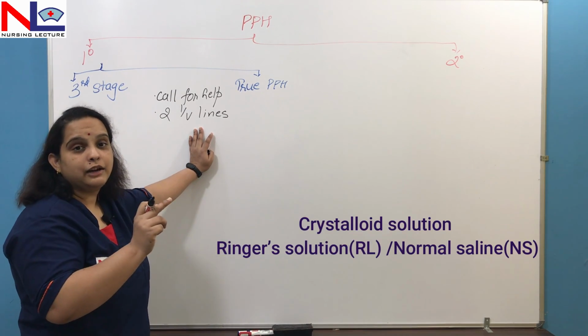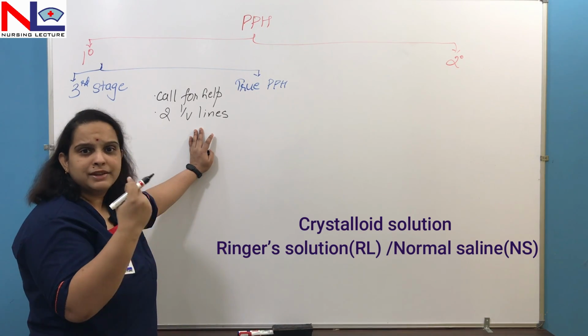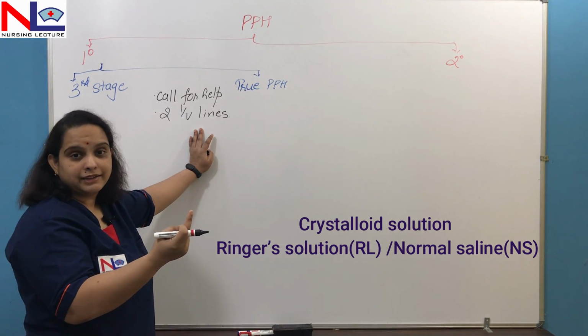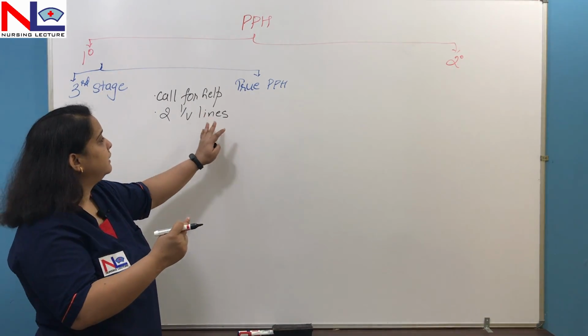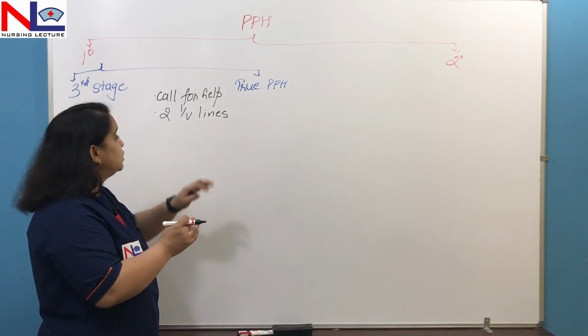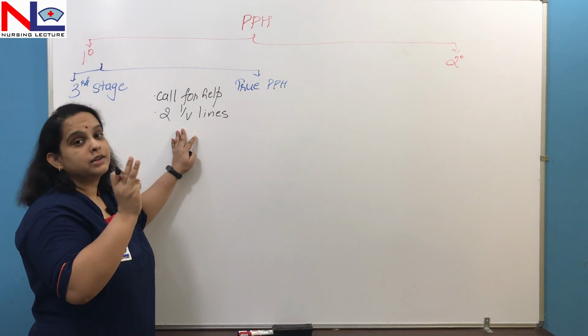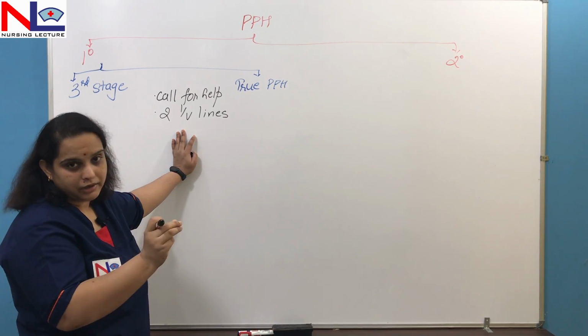One line is required for fluid resuscitation, where we can give normal saline or Ringer's lactate, that is, crystalloid solution, to infuse rapidly, and the other line is for blood transfusion if required.